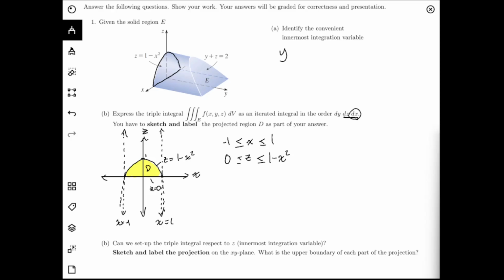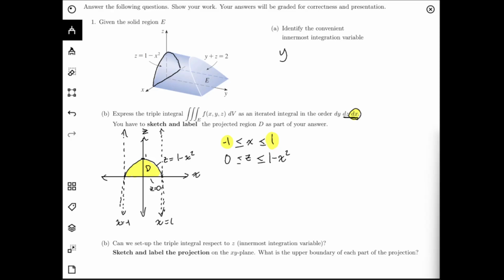Now, just to highlight again, dx, since it's our outermost variable, will only be functions of constants, right? The limits for x will only be constants, they won't be equations. Since z is on the inside, we can have an equation of different variables, but not for x.